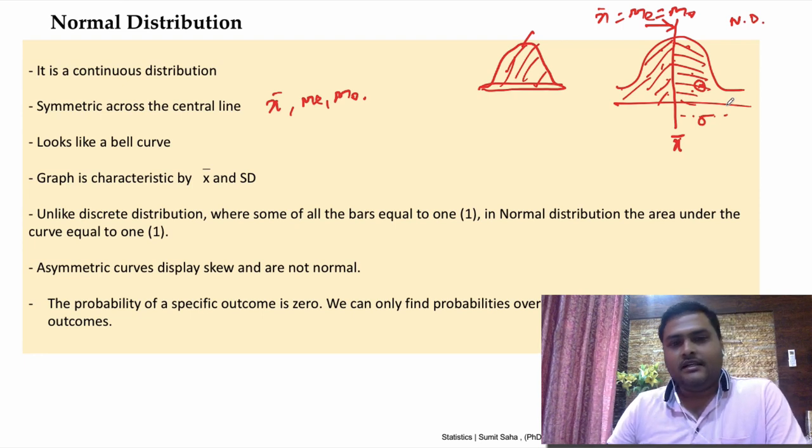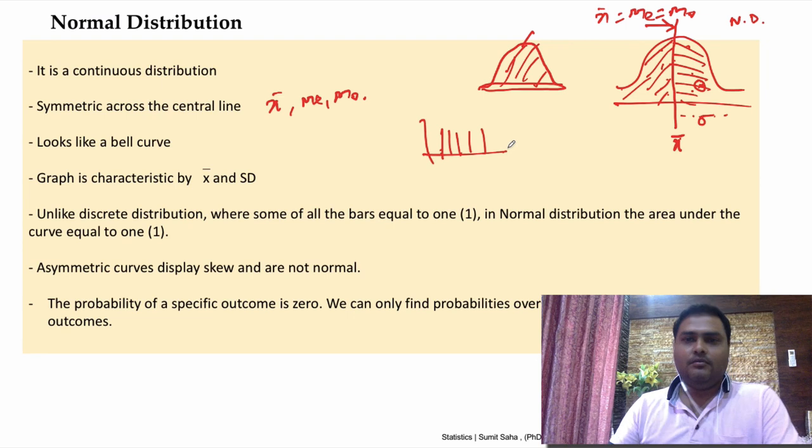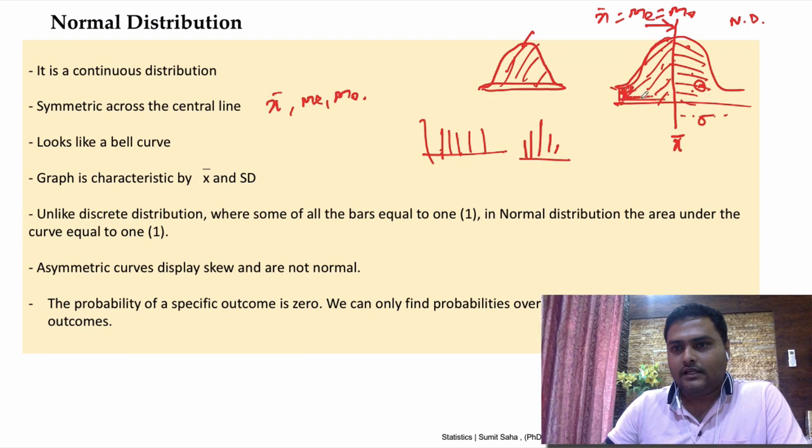Now, unlike discrete distributions, let's say the binomial distribution or the Poisson distribution and all, when we saw these, okay, this is the uniform distribution, binomial distribution, like this. Unlike that, in this normal distribution, we calculate the area under the curve. That means whatever the area is under the curve, in this normal distribution, we will say this is equal to 1.